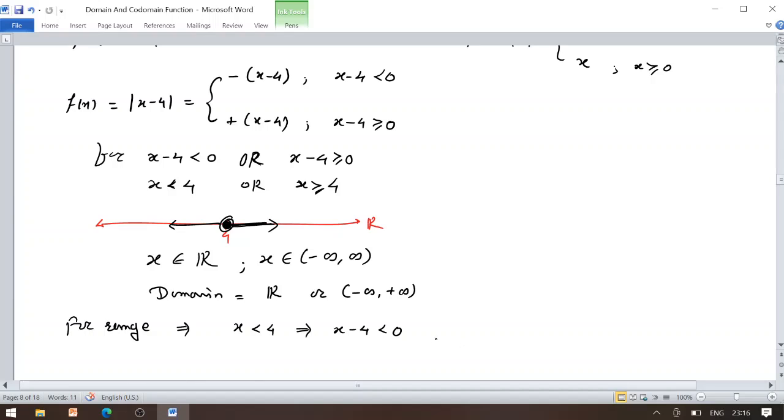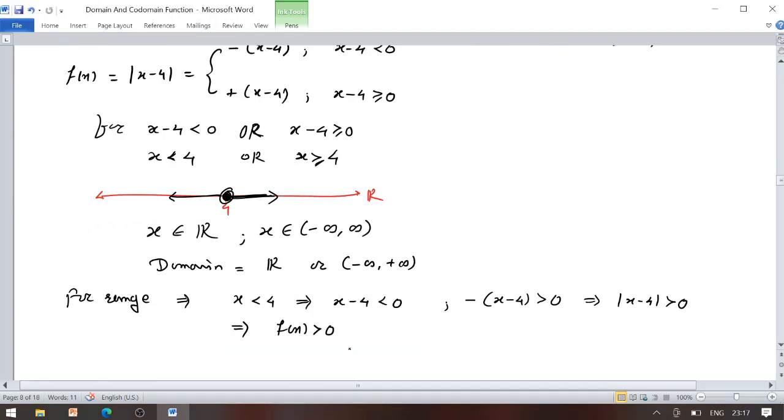Once x minus 4 is strictly less than 0, we will require the case 4 minus x, or the negative value of x minus 4, which should be strictly greater than 0. So ultimately, the modulus of x minus 4 is strictly greater than 0. That implies ultimately f of x is strictly greater than 0.